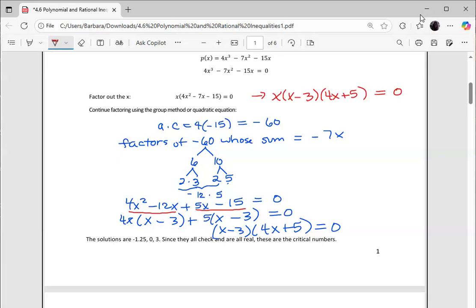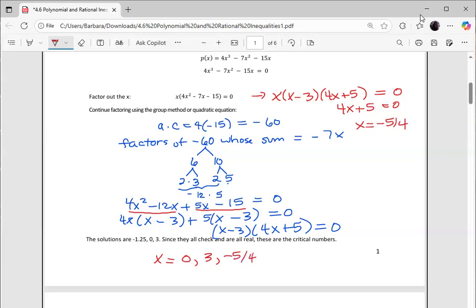So the solutions to this equation are 0, 3, and to find the third one, 4x plus 5 equals 0, and solve for x, and we have negative 5/4.